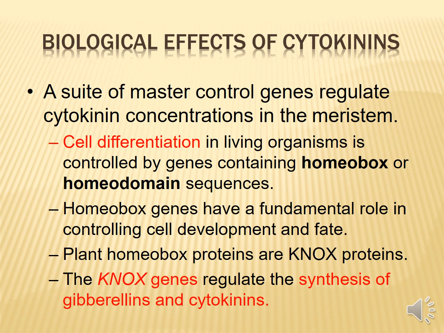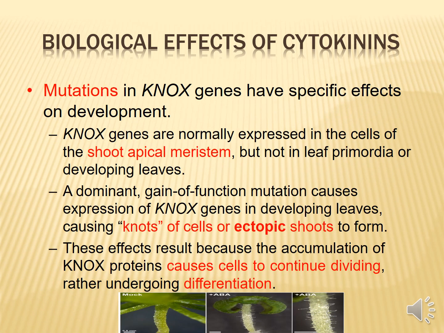They also produce a protein we call the KNOX protein. If some mutation happens in the KNOX genes, it may affect the development of the meristem.